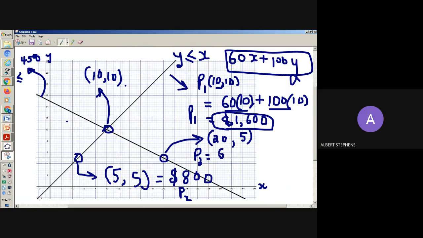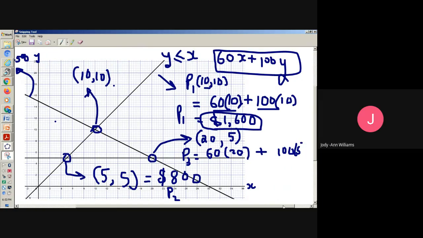It's going to be 60 multiplied by 20 plus 100 multiplied by 5. That's 1,700.